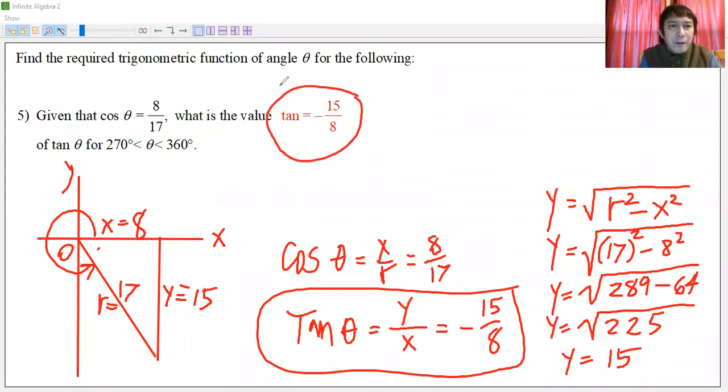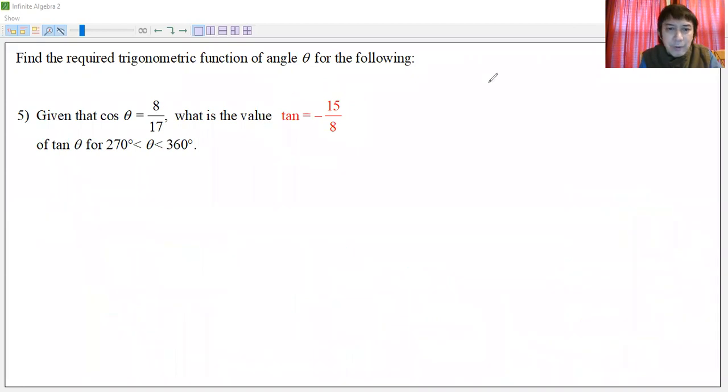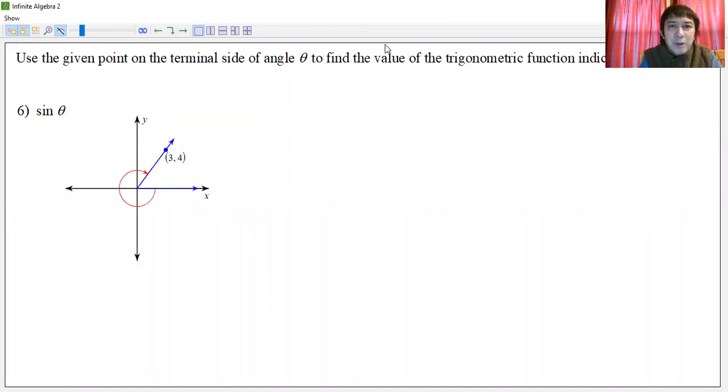All right, number 6. Here is number 6. We have a different instruction here, and a different given. Use the given point on the terminal side of angle theta to find the value of the trigonometric function indicated.